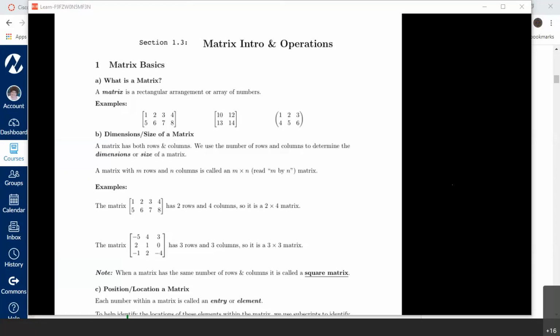So, kind of to review, matrices are arrays of numbers, kind of like a spreadsheet. They're represented in somewhat different ways. You may have seen them most frequently with square brackets, like these first two examples, but please realize they're also represented with curved brackets that look like giant parentheses.